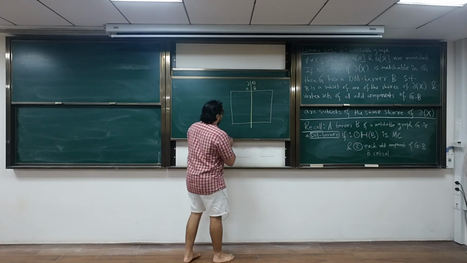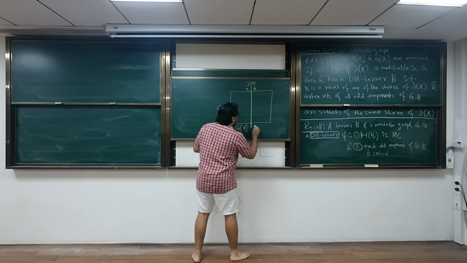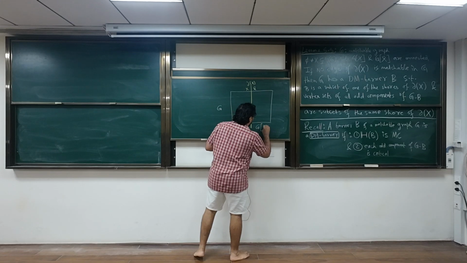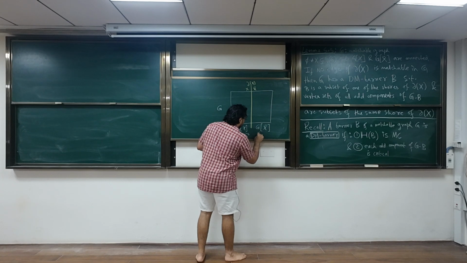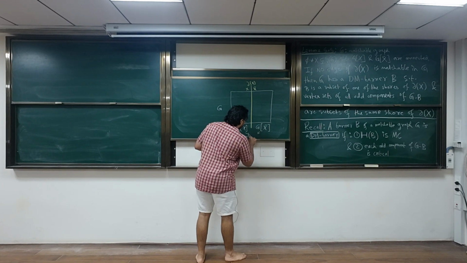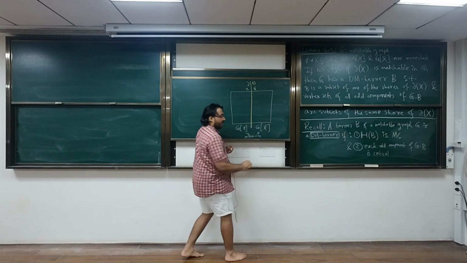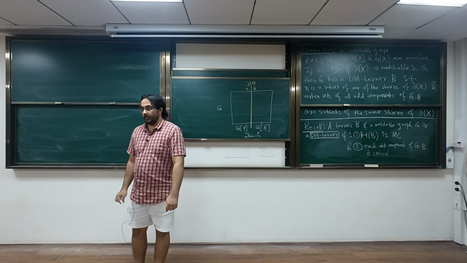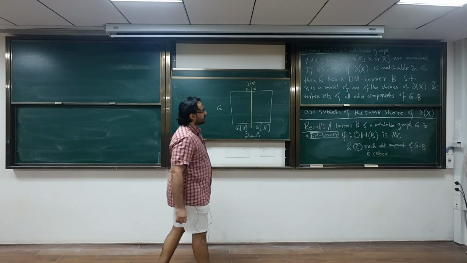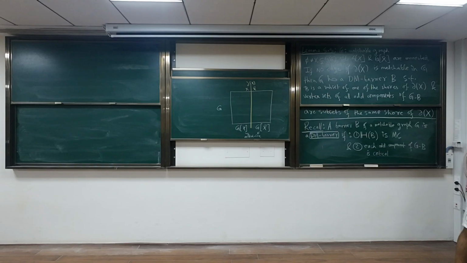Therefore, the graph induced by X and the graph induced by X bar, they are both matchable. In particular, this is an even cut, unlike most cases when we look at odd cuts, right? What we want to show is that the graph G has a Dulmage-Mendelsohn barrier.